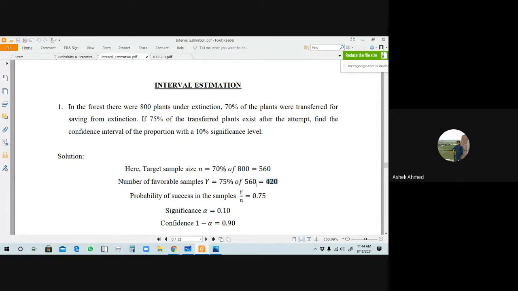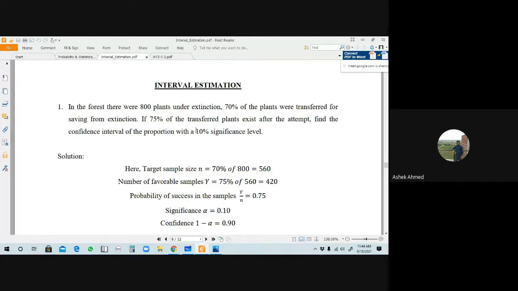So that will be 420, the number of favorable samples that exist at last, ঠিক আছে. That is the value of y, 420. From a probability, y by n will be কত? That is 0.75, okay?